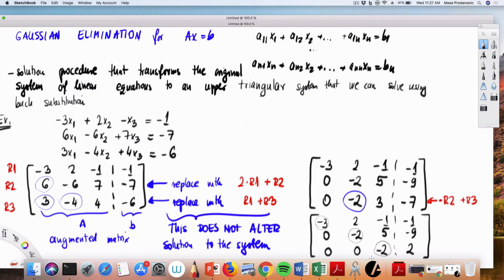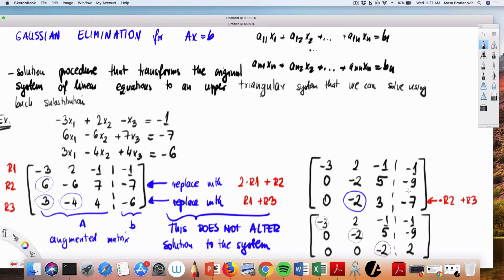So what I can do now is what we did last time when we solved things on that paper. Basically, I'm going to start with the row that is easiest to solve, which happens to be the last one. So I'm just going to find x3 from that row. Once I know x3, I'm going to plug it into the one above and keep going.